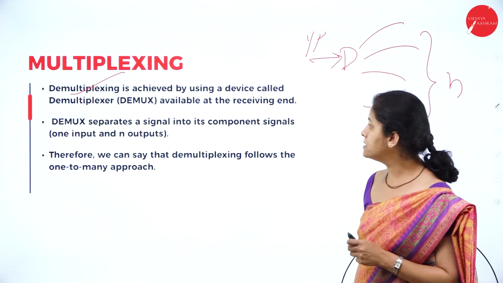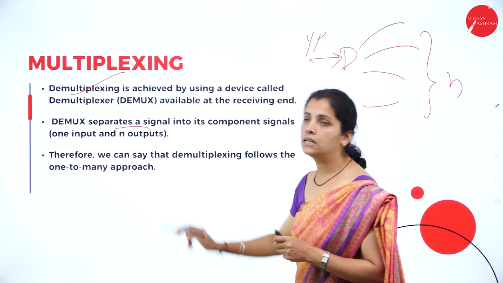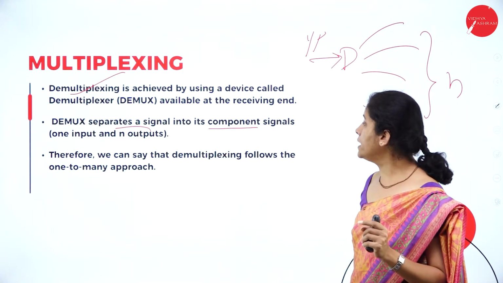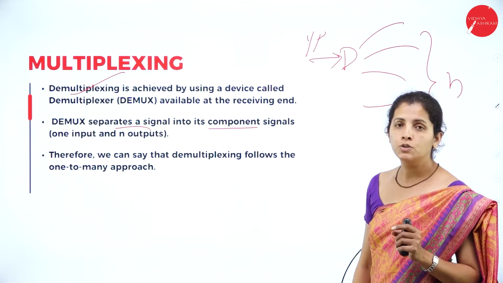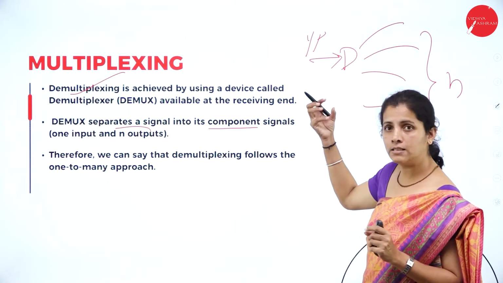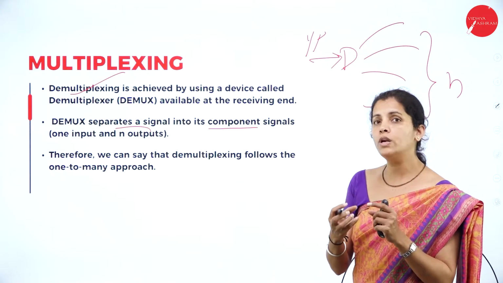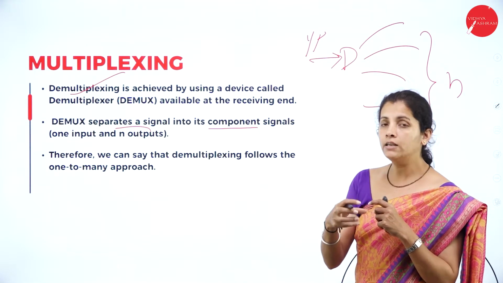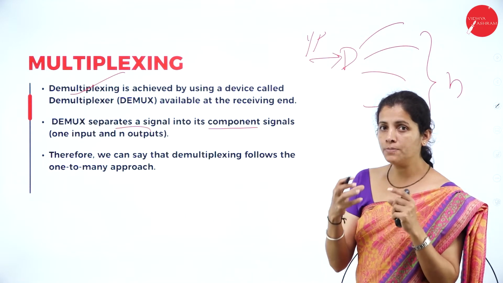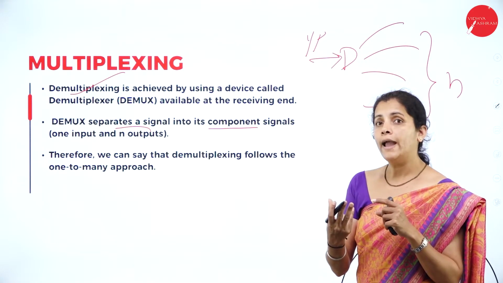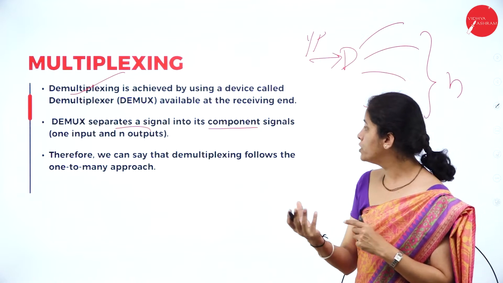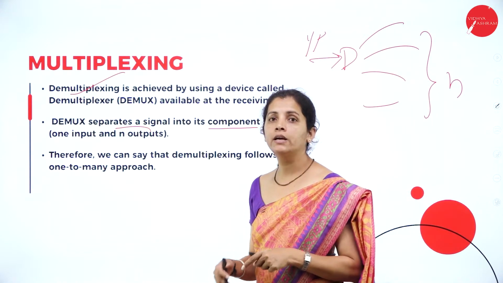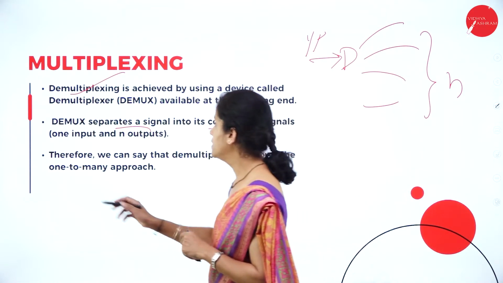The demultiplexer separates a signal into component signals. Here the demultiplexer is going to receive only one input signal, the composite signal, and by applying demultiplexing, it is responsible for extracting n number of outputs. So one input, n outputs.